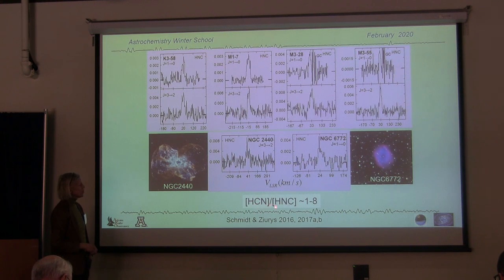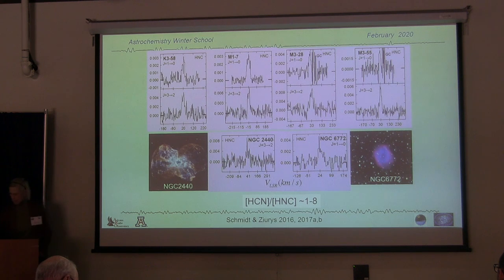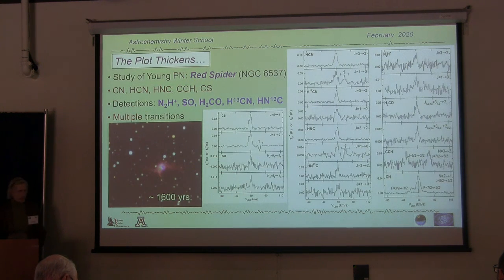And we determined an HCN to HNC ratio of about 1 to 8. So this is very similar to what's seen in diffuse clouds, by the way. And once again, you'll see evidence of galactic contamination in the 1 to 0 transitions of many of these molecules. But in the 3 to 2, as long as we were not looking at CO, things would be clean. So that was rather interesting.